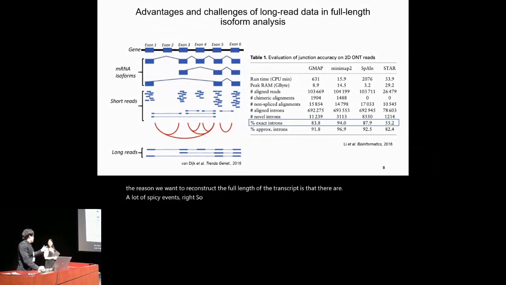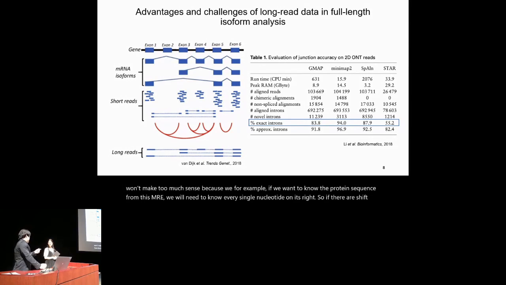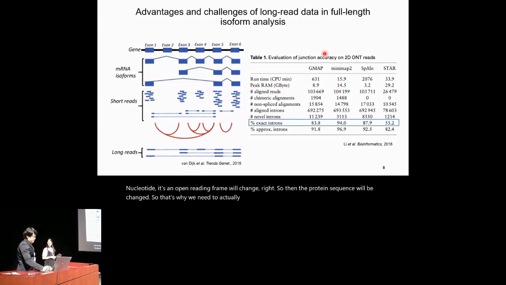So if we cannot accurately know where the splice junction is, the output of our analysis won't make much sense. For example, if we want to know the protein sequence from this mRNA, we need to know every single nucleotide on it, right? If there is a shift of a nucleotide, the open reading frame will change, so the protein sequence will be changed. That's why we need to accurately know the splice junctions.